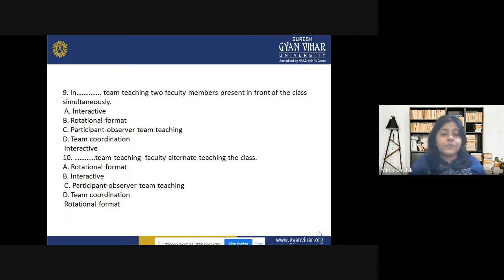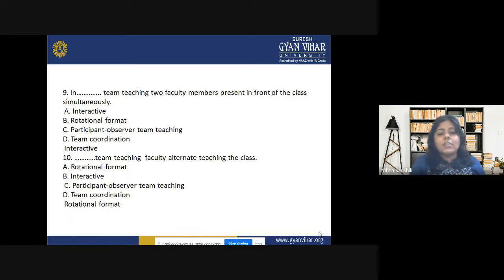Now the 10th one: dash team teaching, faculty alternate teaching the class. So the options are A, rotational format, B, interactive team teaching, C, participant observer team teaching, or D, team coordination.